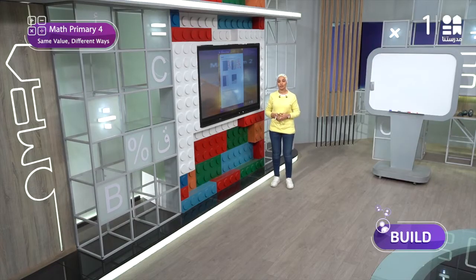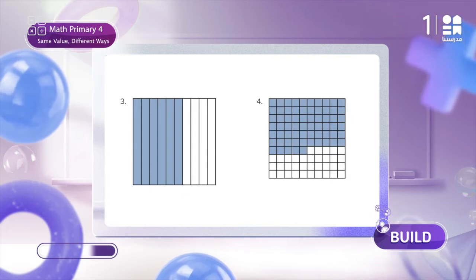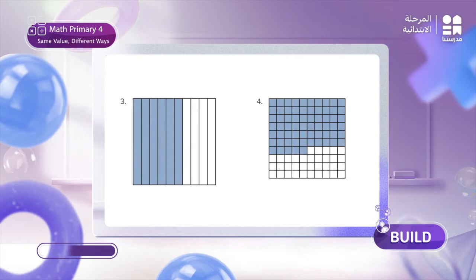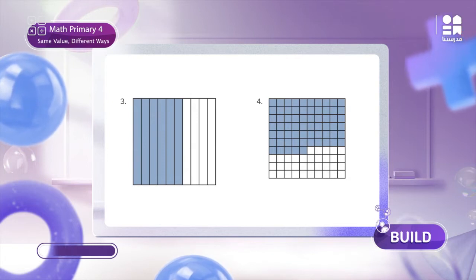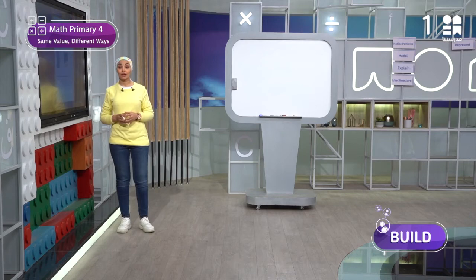And now I'll give you time to solve problems number 3 and 4. Now do you know the answer in model 3?